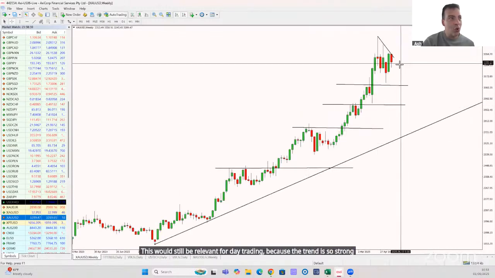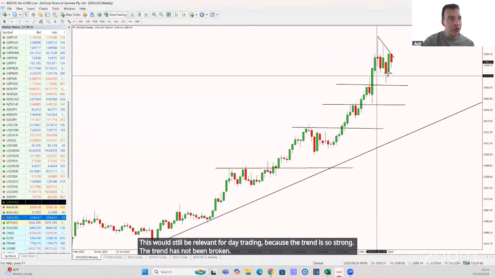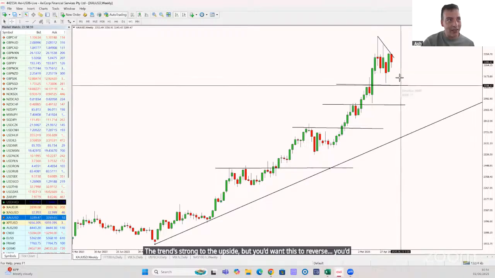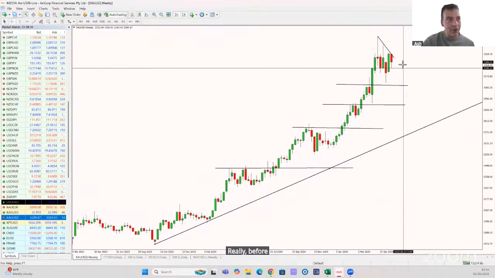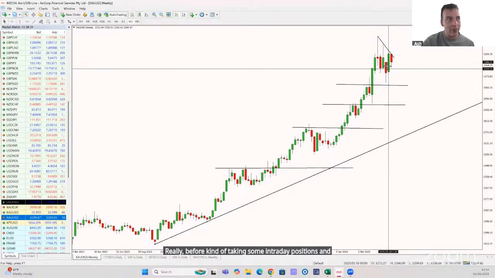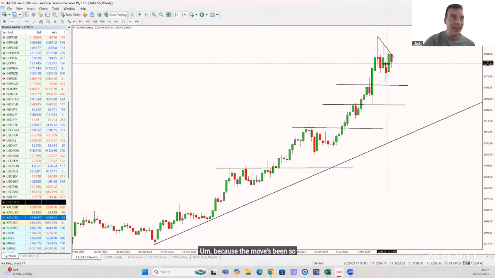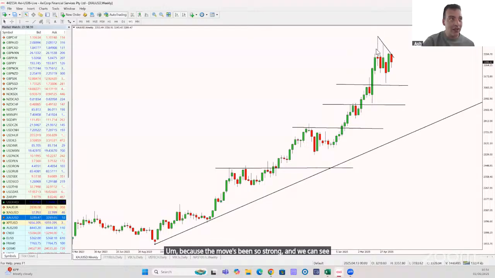The trend has not been broken. The trend's strong to the upside, but you'd want this to revert. You'd want this down here, really, before taking some intraday positions and seeing if you can trade it back up again. Because the move's been so strong, and we can see there are sellers here.